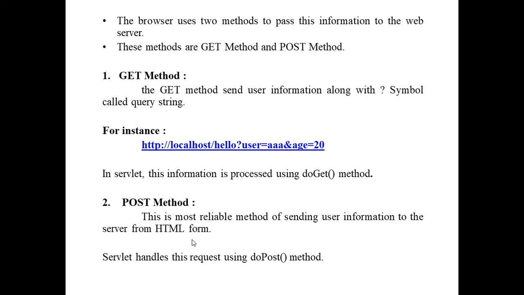No argument is displayed in the URL. But in the get method, all the information about the attributes and user information is displayed in the URL. These two are the methods to pass this information to the web server: the get method and the post method.